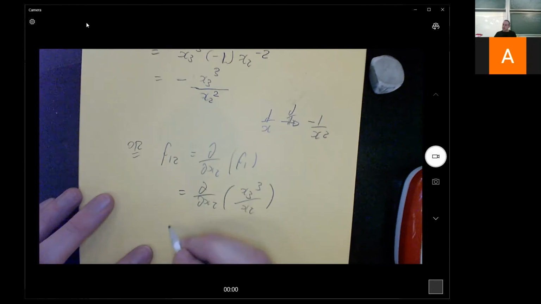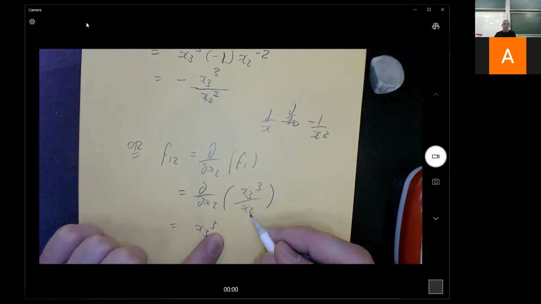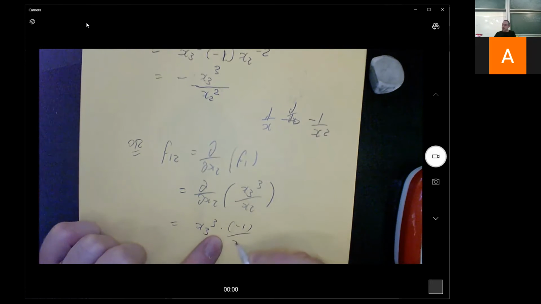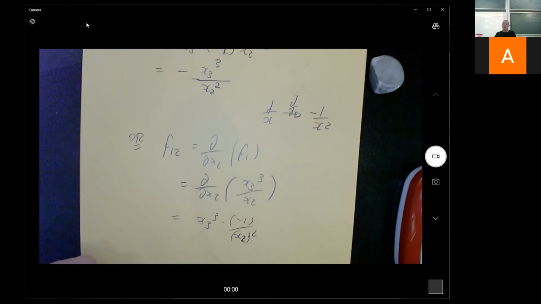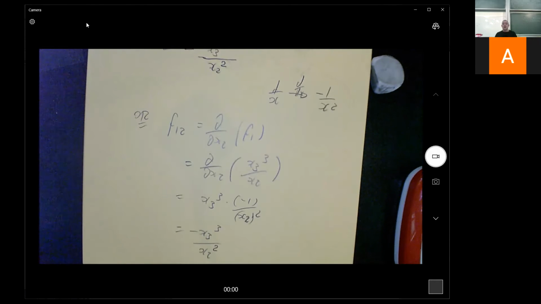So this is the same as x3 cubed times 1 over x2, and 1 over x2 would become that, according to this rule. If you happen to know that rule, you could just do it. You can also use the quotient rule if you want.